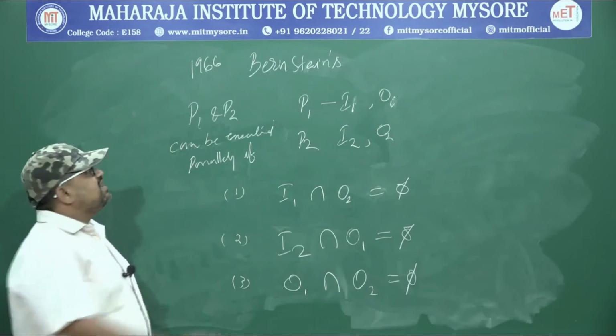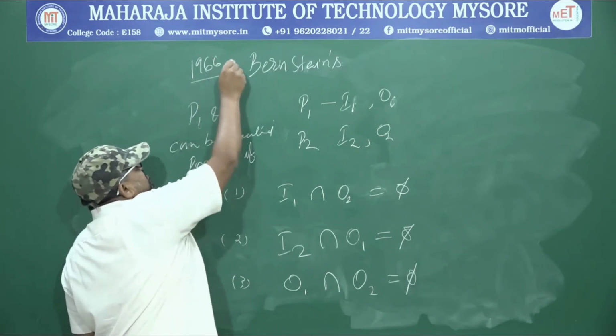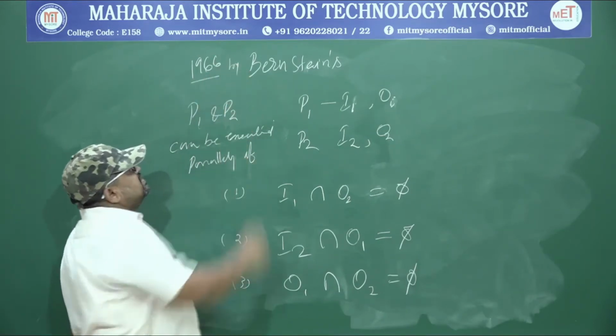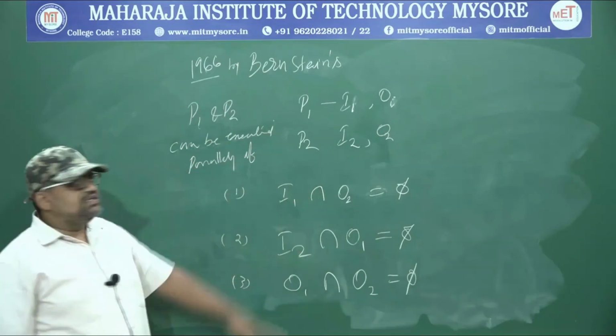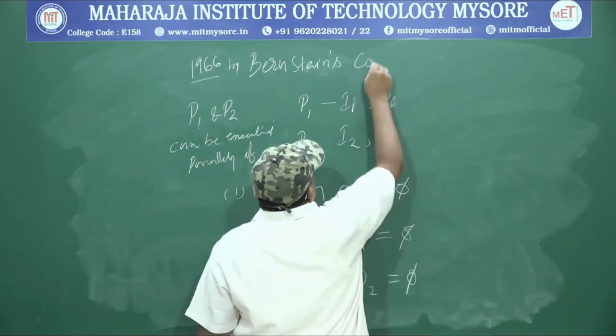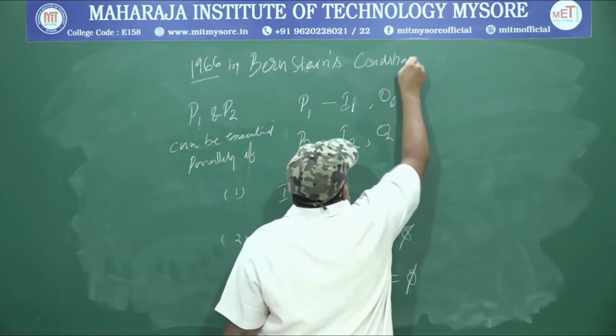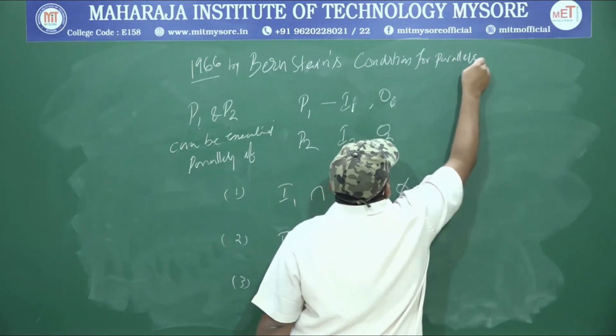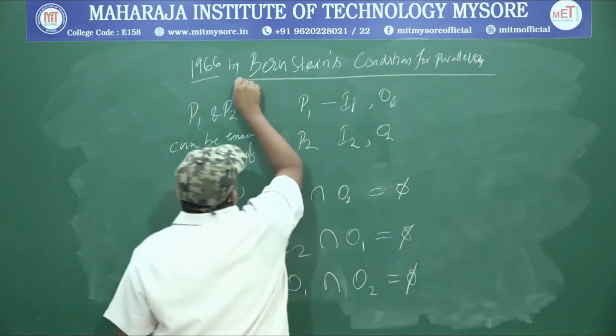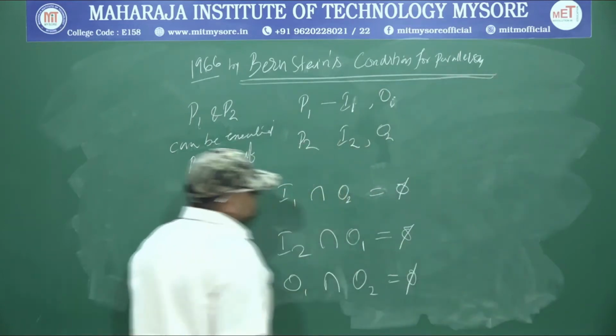It was proposed way back in 1966 by Bernstein, and it is called Bernstein's condition for parallelism, a very important concept, right?